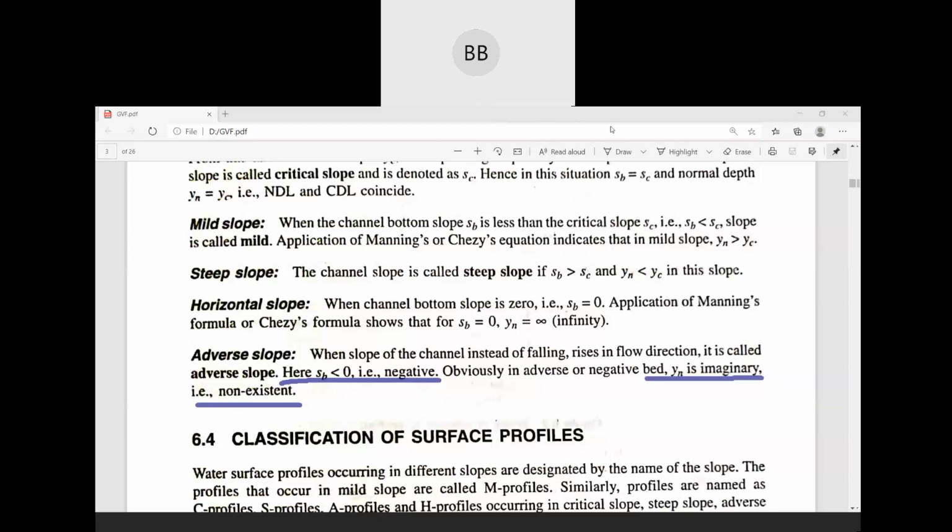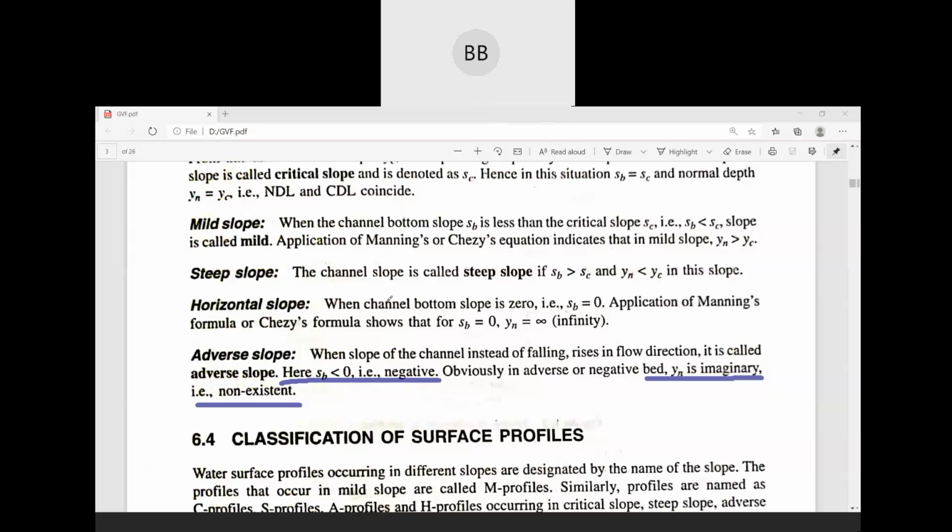So this is almost the end part of gradually varied flow. Once you find out the profile, then there will be some numericals related to this profile. We will solve a few numericals and then move on to hydraulic jump, that is rapidly varied flow. In gradually varied flow, we study what gradually varied flow is, then the dynamic equation for gradually varied flow, and the last part is the profiles.